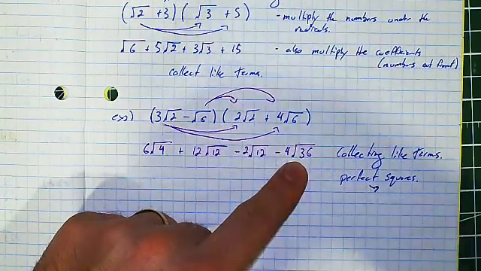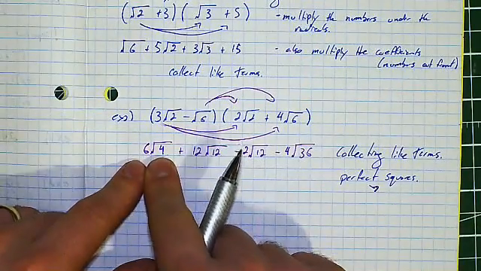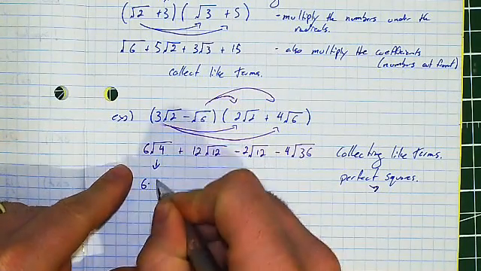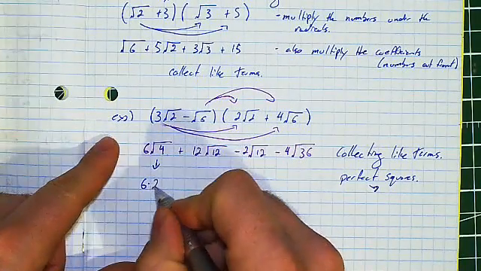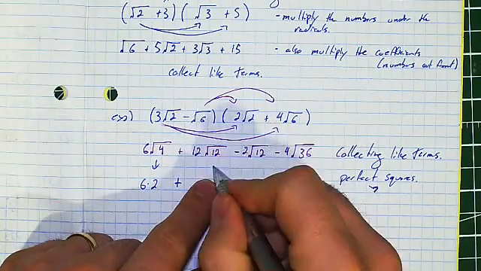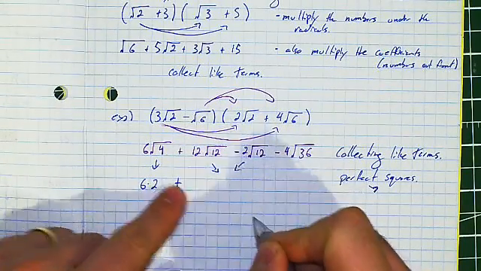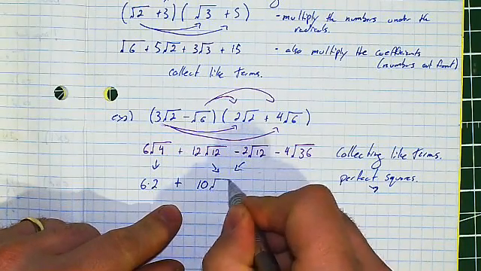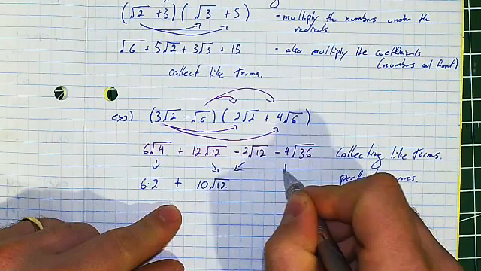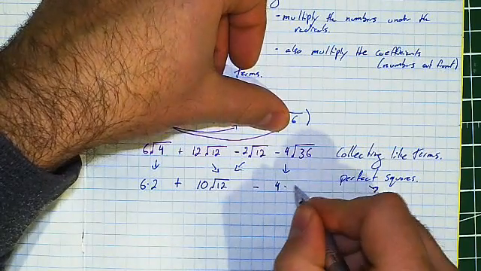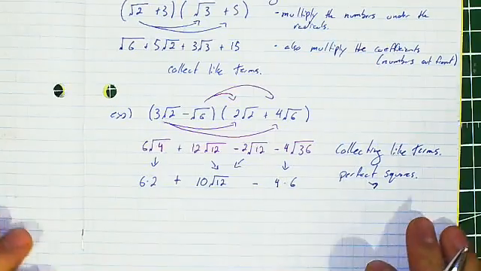So square root 36 we understand is 6 and square root 4 is 2. So this now becomes 6 times 2, plus we're going to combine these together. And so 12 minus 2 is going to give us positive 10 root 12, minus, and this is going to become 4 times 6.